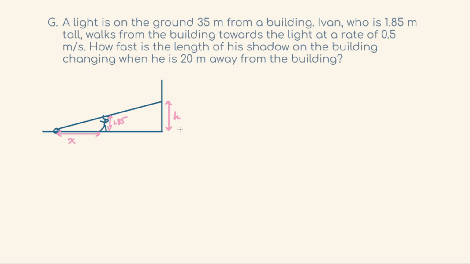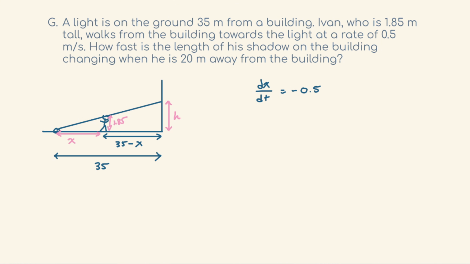And if we know that the light is 35 meters away from the building, we know this total distance here is 35, then this distance right here has to just be 35 minus x, right? So that makes sense. Now, if he's walking towards the light at a rate of 0.5 meters per second, then this x is going to be decreasing as he's getting closer towards the light. So dx over dt is going to be equal to negative 0.5.